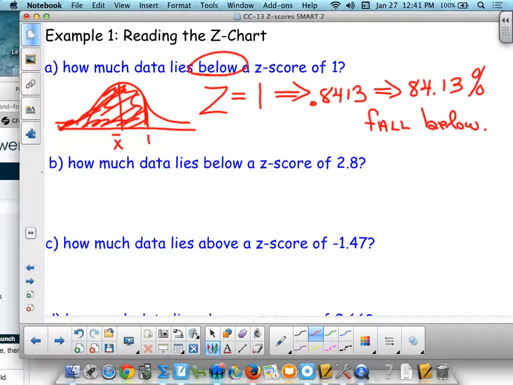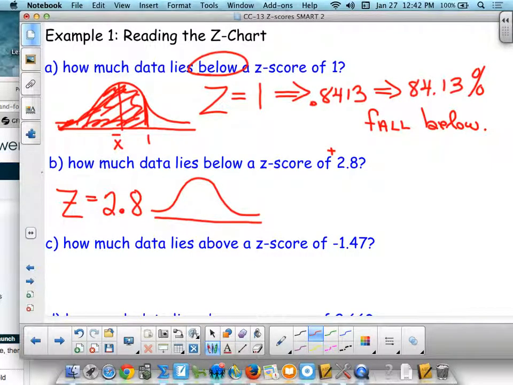All right, guys, do a Z-score of what this time? 2.8. Is yours negative? Can you guys do a positive? Because this is positive. Yours is negative, make it positive. So if you have a Z-score of 2.8, by the way, I always think this helps.